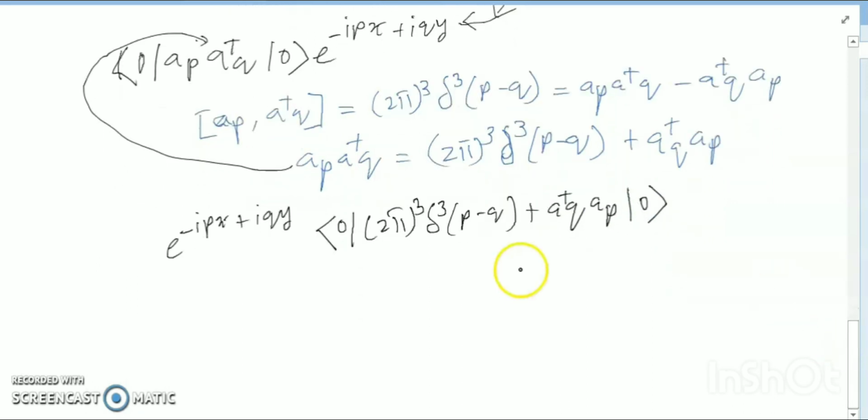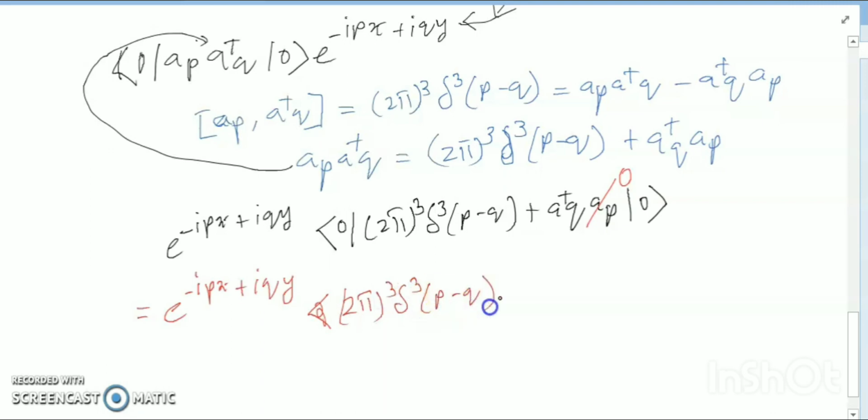So applying this and the annihilator properties, it is 0. So we get the value equals e to the power minus ipx plus iqy times (2π)^3 delta^3(p minus q) times the vacuum overlap <0|0>.